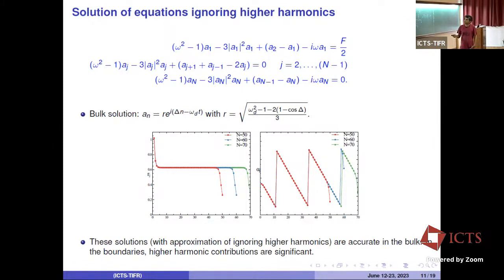Now, if you compare this with what the actual equations give, you find that in the bulk they agree completely, while at the boundary the higher harmonics are quite significant. So here it doesn't really match what you get from the exact solution.